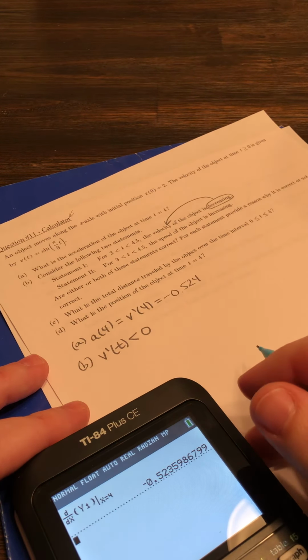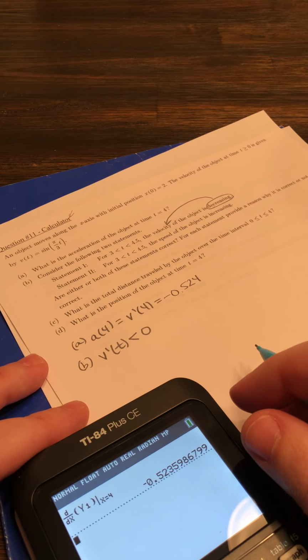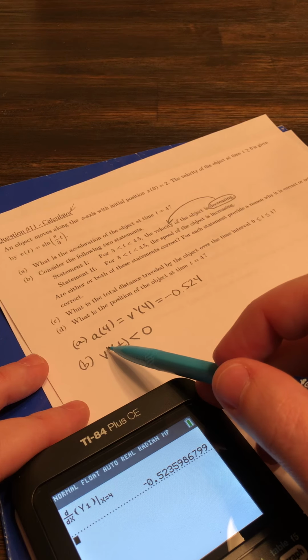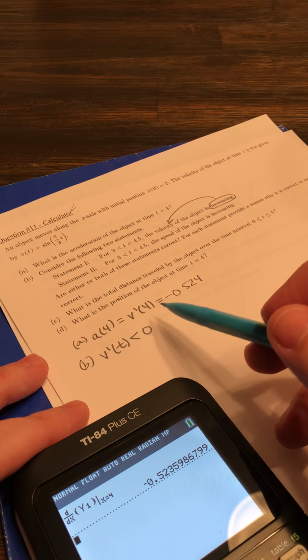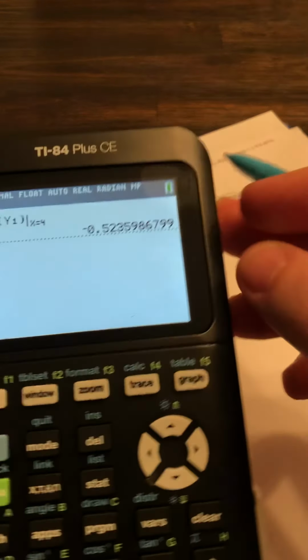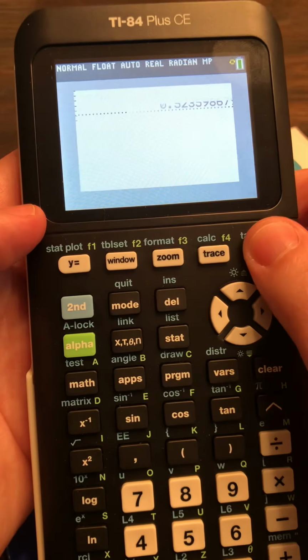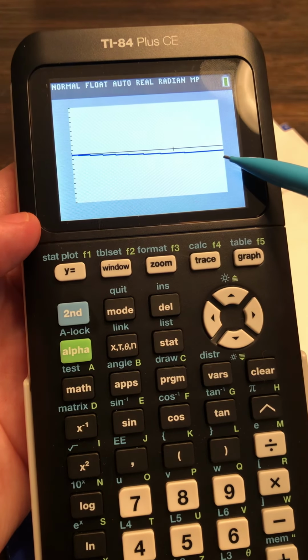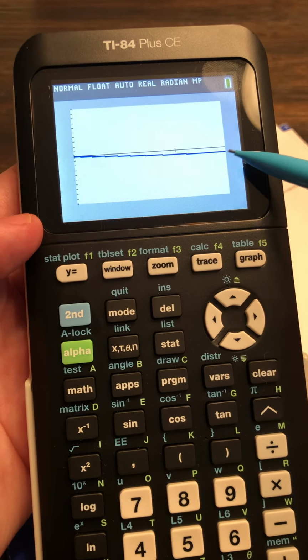Well, there's two ways of looking at this. You can either look at the calculator and see if the v of t is actually decreasing, because remember, decreasing means the derivative is negative, or you could actually physically take the derivative of acceleration and see if it's located below the x-axis. Here, if I take a look at the graph, you'll see that the graph is decreasing from 3 to 4.5, and that's actually in line with what the statement is saying.